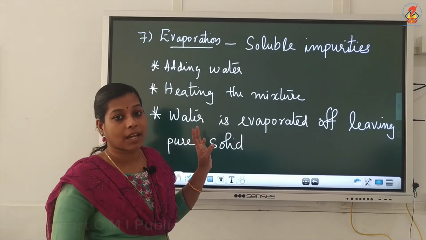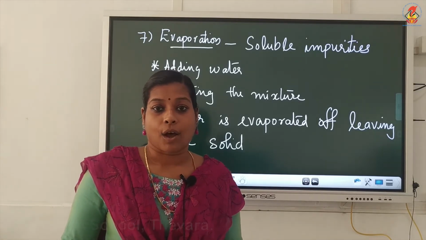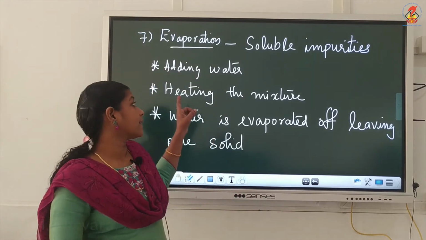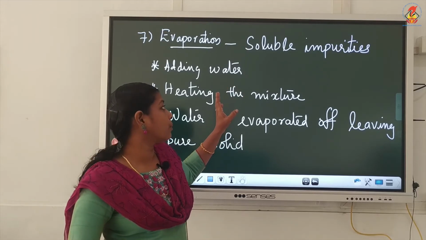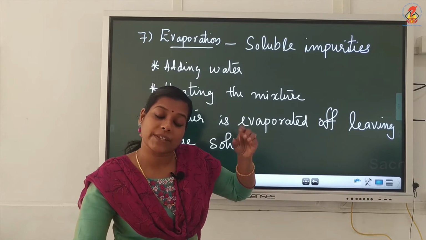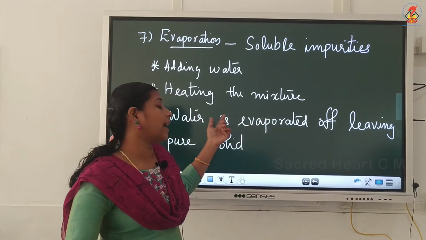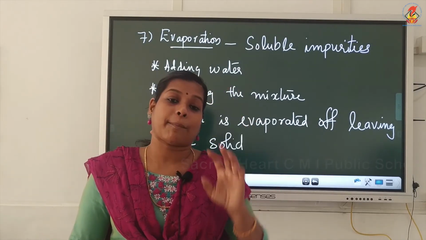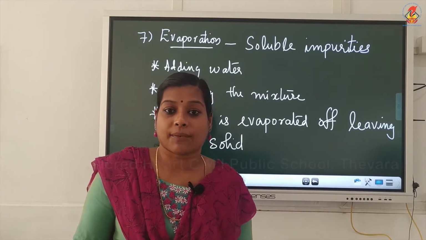So this is the method of evaporation. Hope it is clear to you. During this, if any soluble impurities are present, we add water. If any insoluble impurities are there, first we filter it. Then the mixture will be heated. During that time water gets evaporated off and we will get the clear material at the bottom of the vessel.